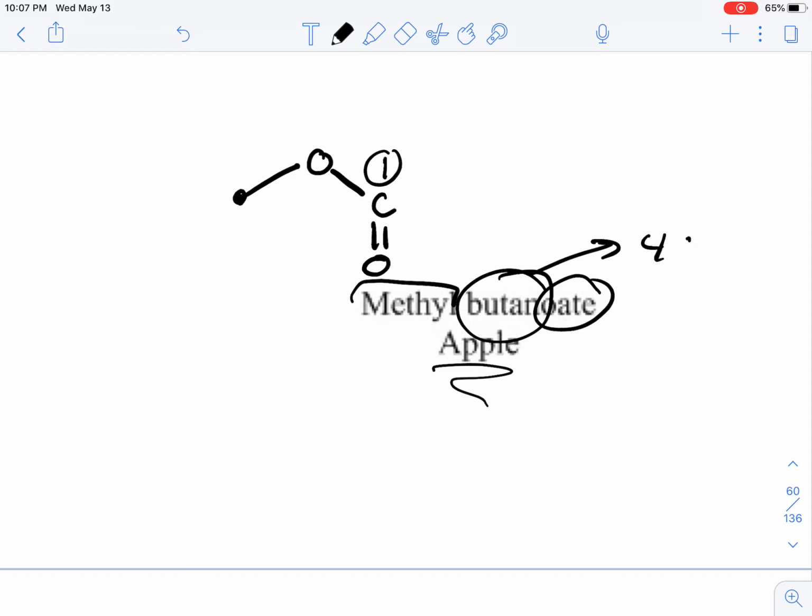Butane is a 4-carbon chain, so that's carbon 1, 2, 3, 4. Overall, this is going to be my final structure.